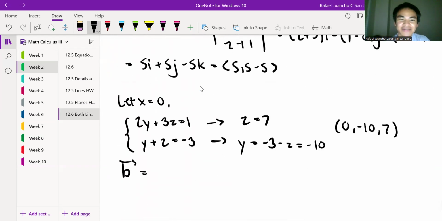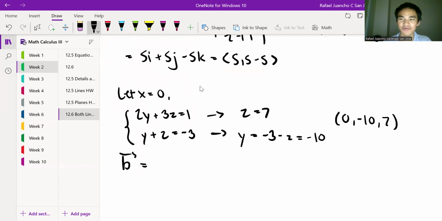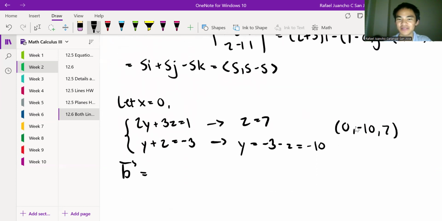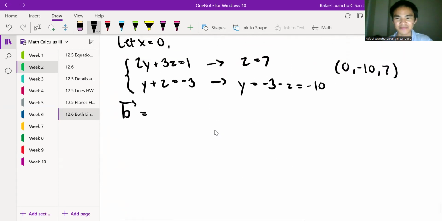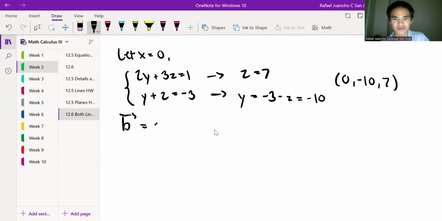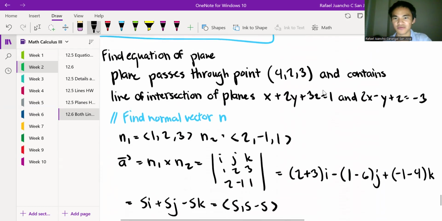Okay, so for direction vector B, we want to find the distance from this point that we just got to our initial point. So let's do that. It's just difference in components, to be honest. So it's from here all the way to here.